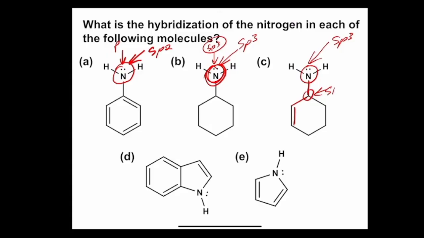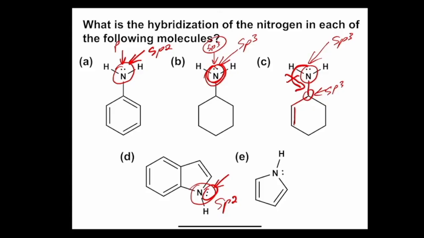This is also an sp3 center. Because of that, I can't draw a resonance structure. If I was trying to promote that electron down to make it interact with that other pi bond, I've got this sp3 carbon in the way. I would have to break sigma bonds to create structures that are allowed by orbitals. So that's not allowed. What about D? This is what? sp2, sp3? Yeah, this is sp2 again. Lone pair is in what orbital in that case?